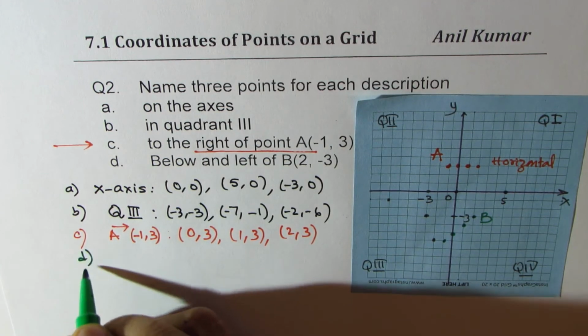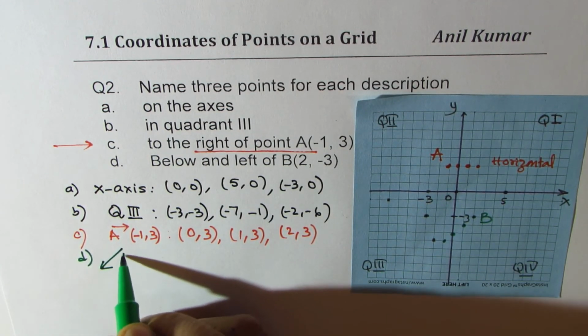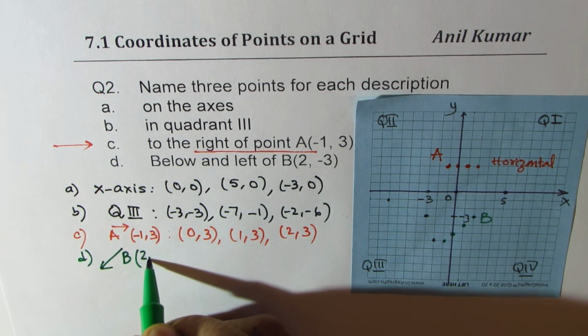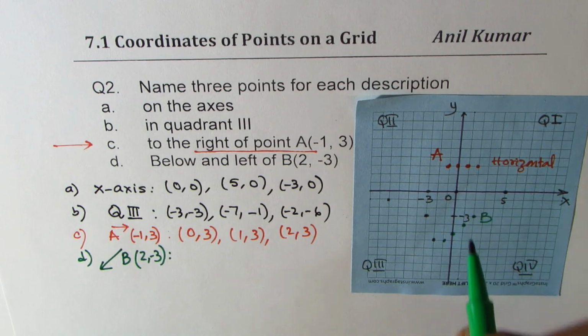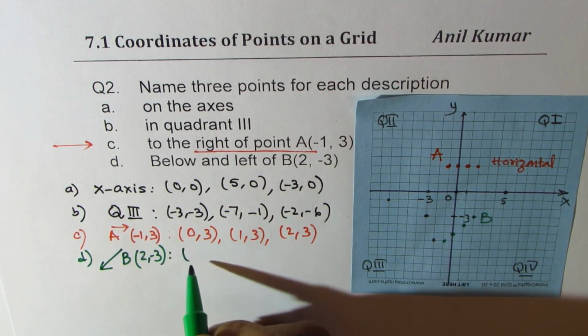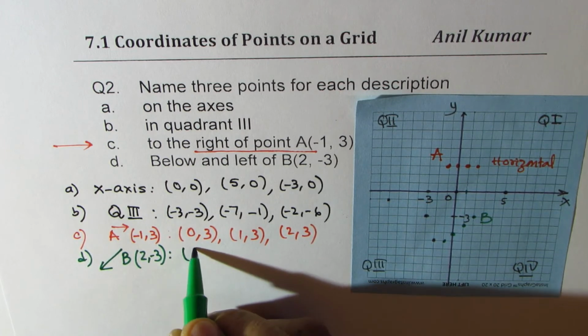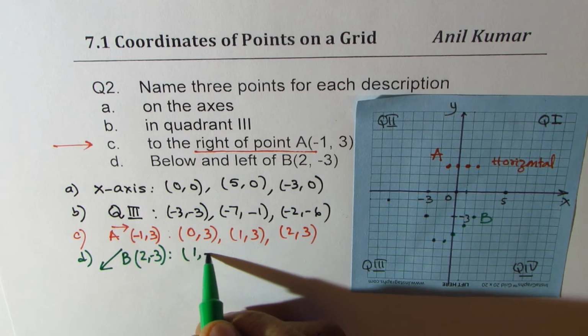So likewise, you could get many points. Diagonally, I am writing these points as we are going in this direction. Do you see that? Of B, which is 2, minus 3. So the points from B will be, now this value x is 1, y value is minus 3. So we have 1, rather minus 4, right? 1 below minus 3, so minus 4.